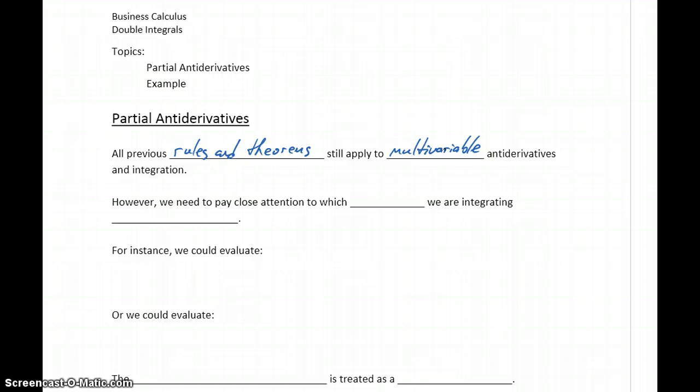However, we need to make sure when we're looking at these problems, we're paying close attention to the variable that we're integrating with respect to.